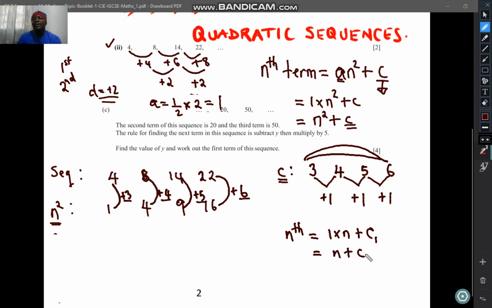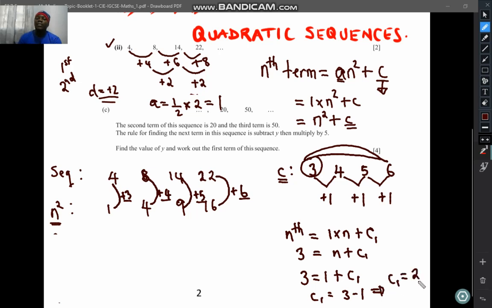So we need to find what our C1 is in this case. So we're going to get maybe 3 here, which is on position number 1. If we put 3 there, it means 3 equals the position, which is 1, plus C1. Doing this implies that C1 would be equal to 3 take away 1, which then implies that C1 is equal to 2.